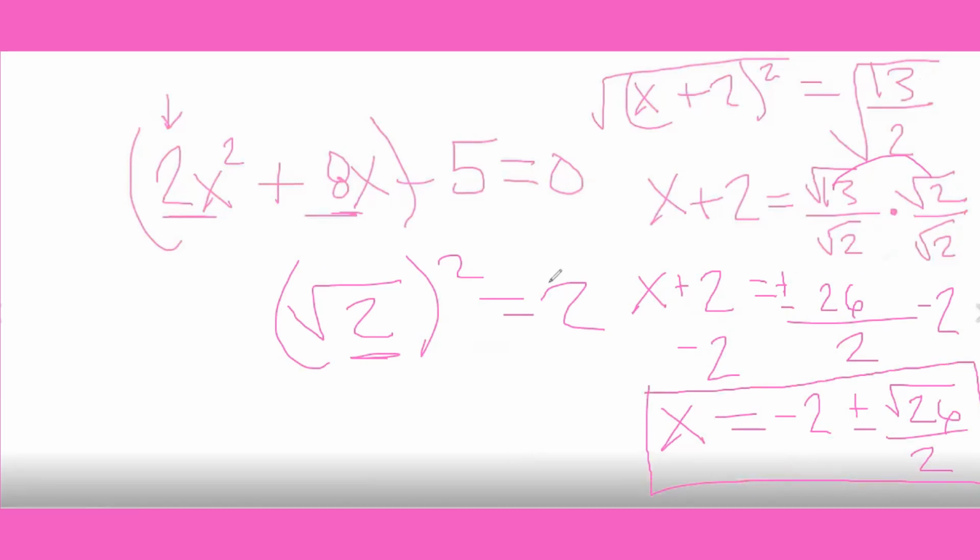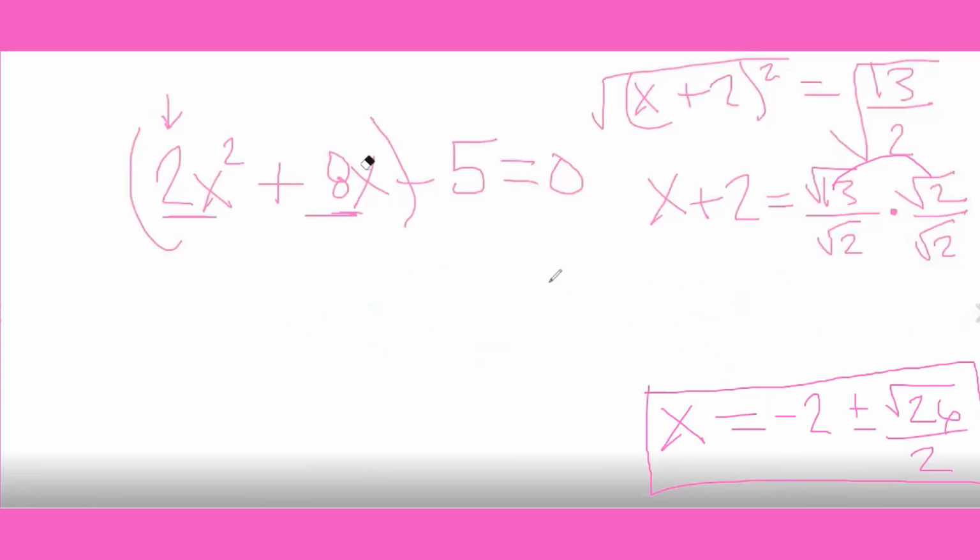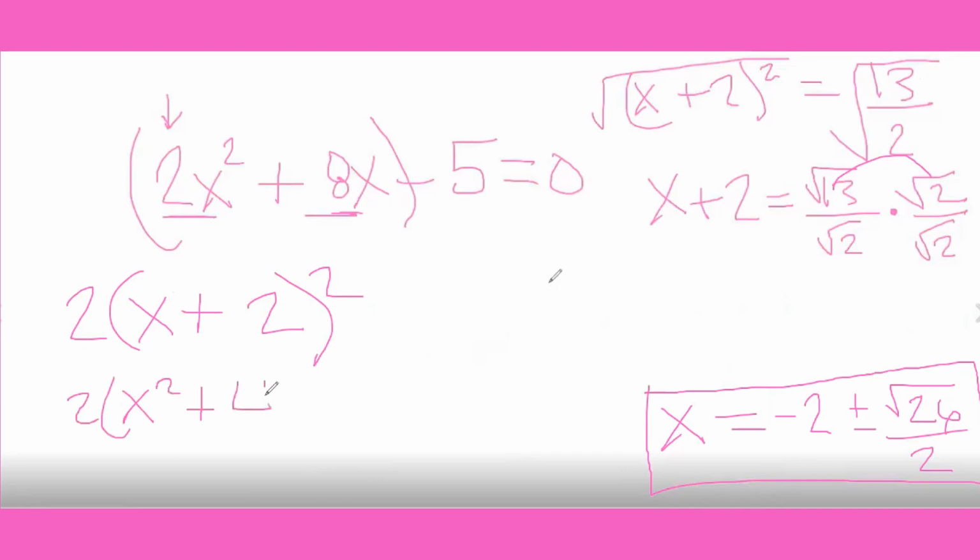So now if we want to go back to solving using the vertex form. If I go back to where I was here, we had our 2 on the outside and our perfect little square inside was our x plus 2 squared. And what we had done was that was our x squared to get our blank was plus 4x plus 4.